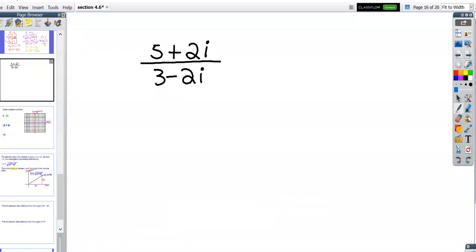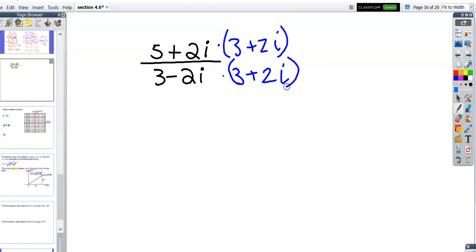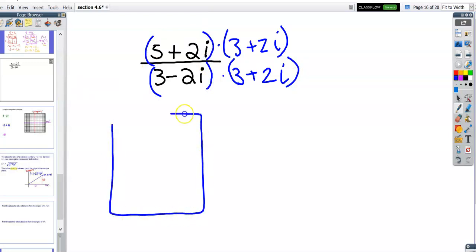Same thing for this second example, only this time it's 3 minus 2i. So we would simplify this by multiplying by the conjugate of 3 plus 2i. So again, we're going to do the box method 2 times.